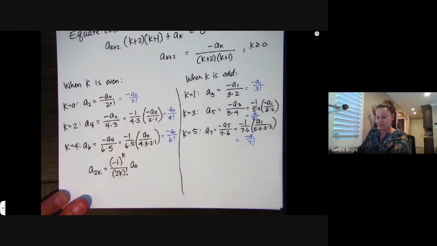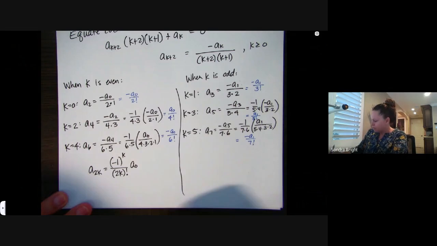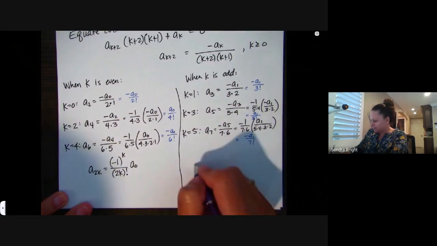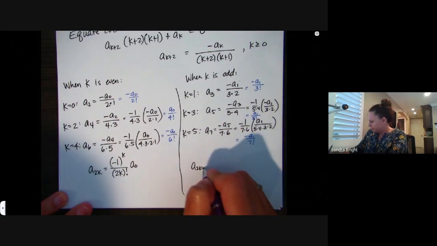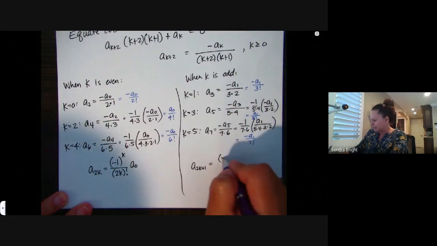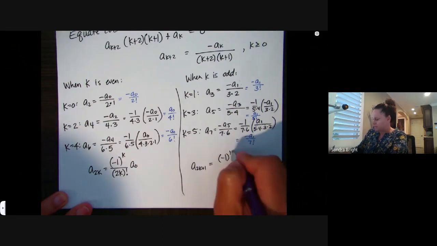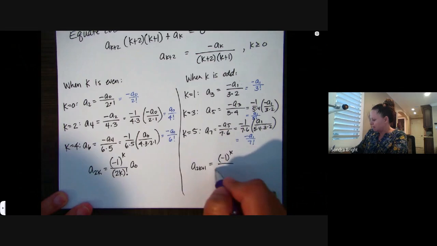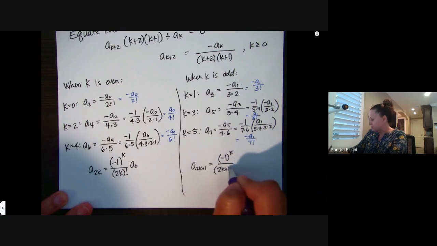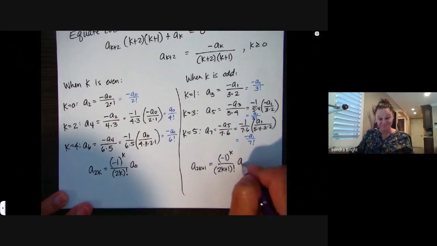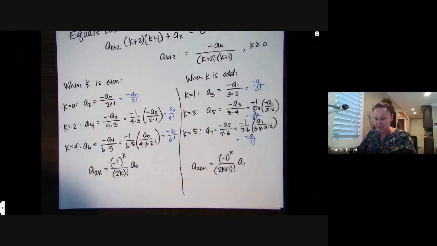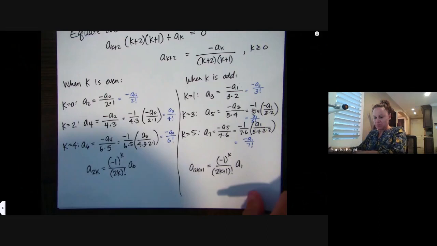That's the pattern on that. Over here, the odd indexed guys are, again, alternating in sign, and over the odd factorials times a1. So that's your pattern.